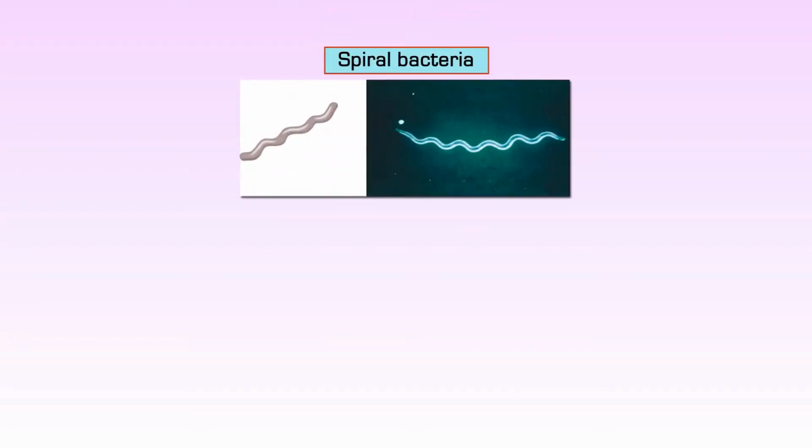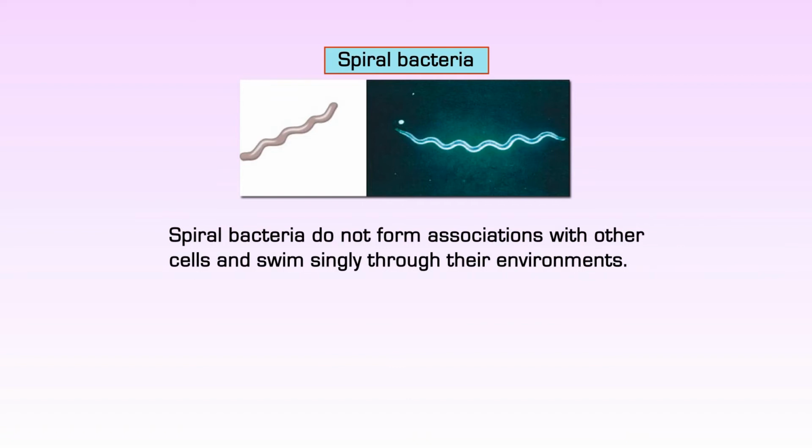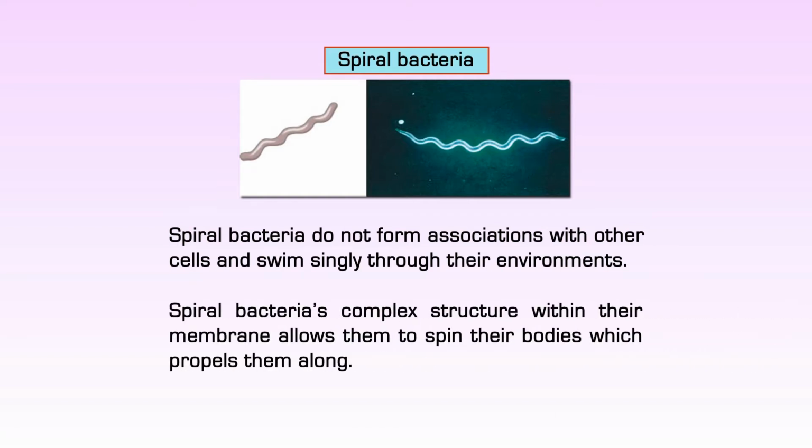In the case of the spiral bacteria, they do not form association with other cells, and they swim singly through their environments. Their complex structure within their membrane allows them to spin their bodies, which propels them along.